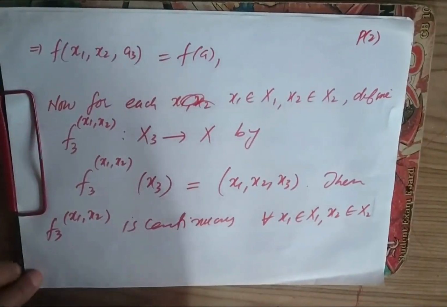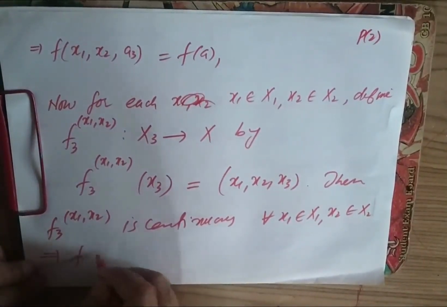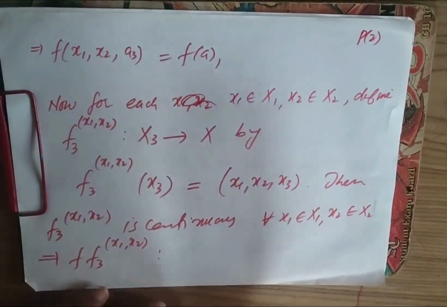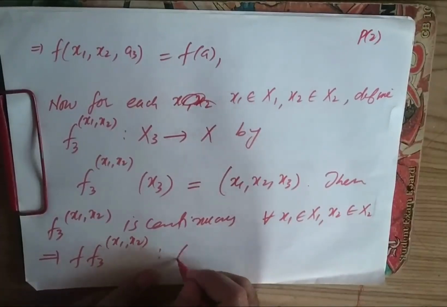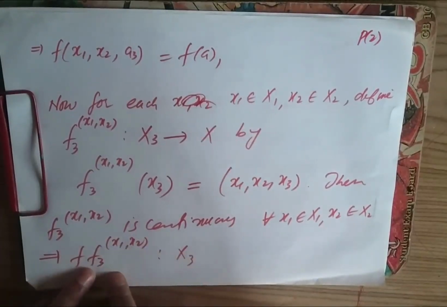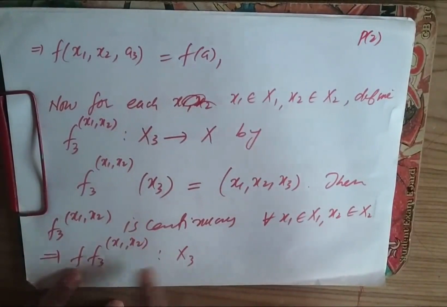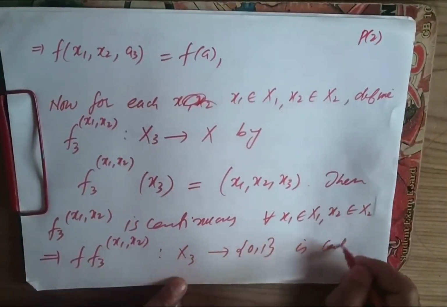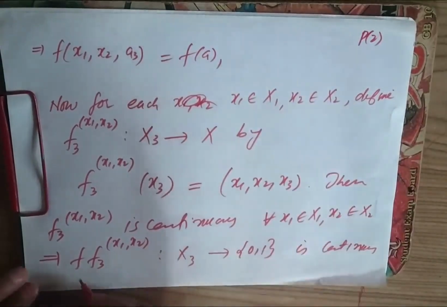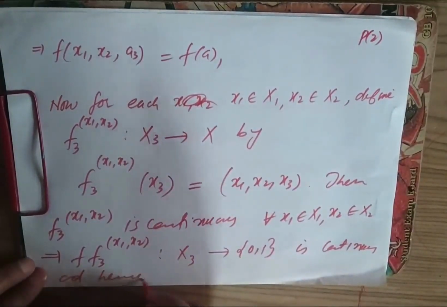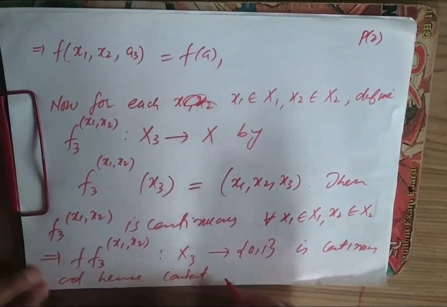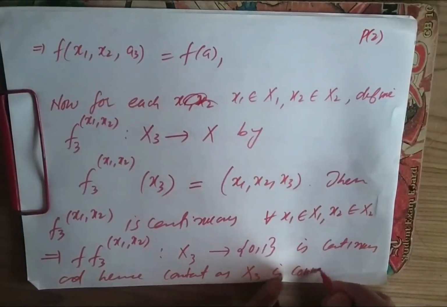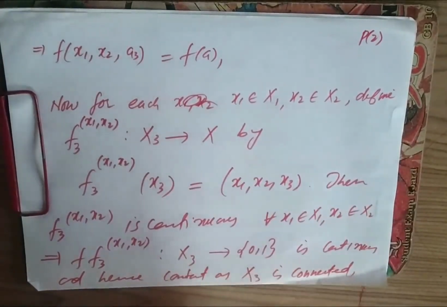So that implies the composition f∘f3 x1 x2, because f3 is a map from X3 to X, and f is a map from X to the discrete space {0,1}, is continuous and hence constant, as X3 is a connected space.